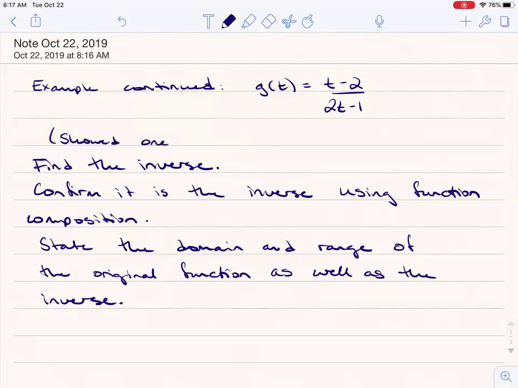We showed it's 1-to-1 and passes the horizontal line test, which I'll write as HLT, last day.